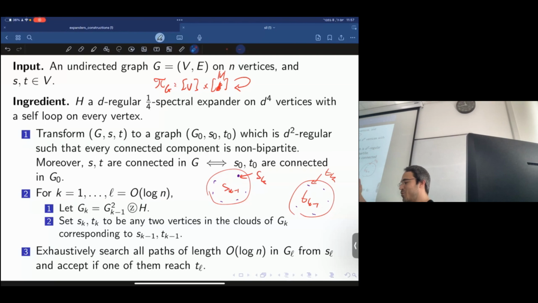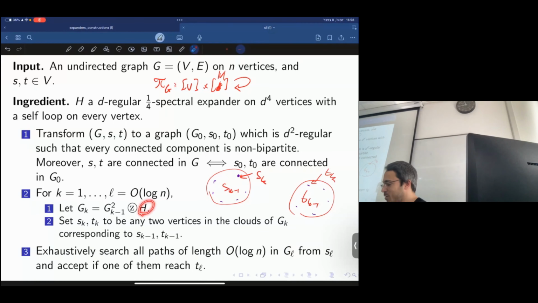D to the fourth raised to the power L is like poly n. This is hidden under this constant. And so you're taking a path of this length. The graph has constant regularity; it's this regular, I think.